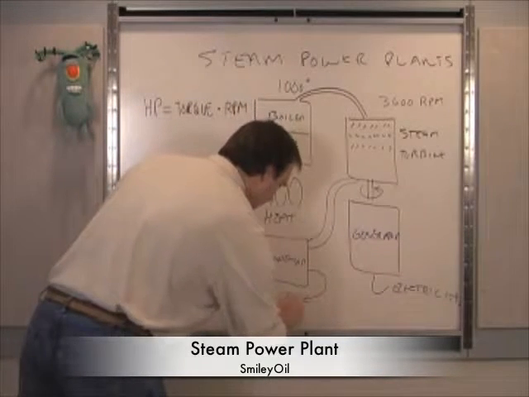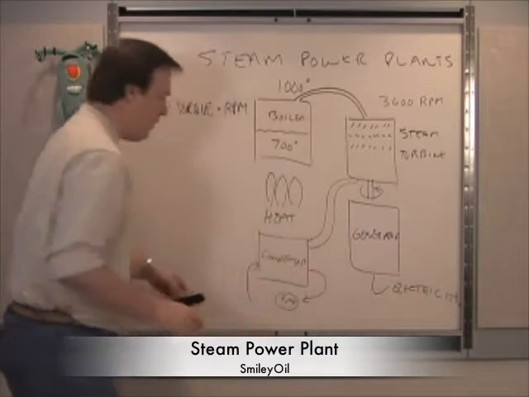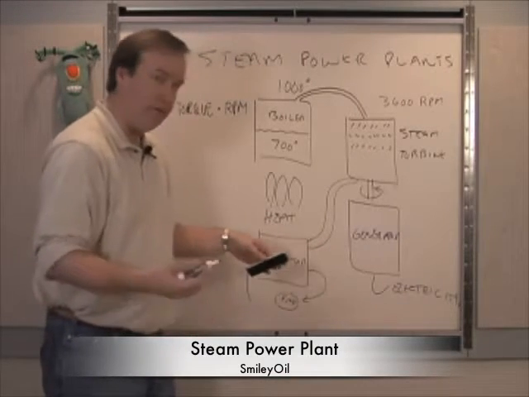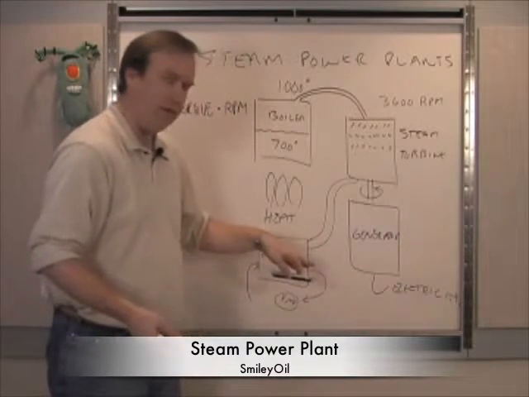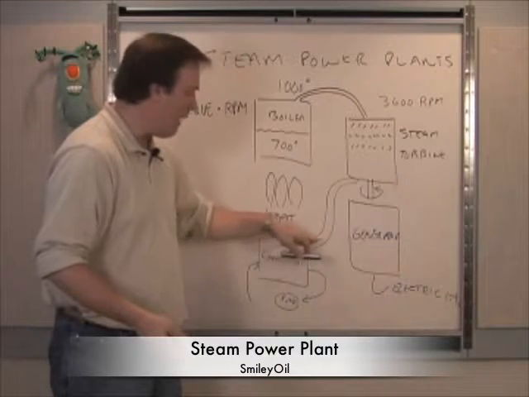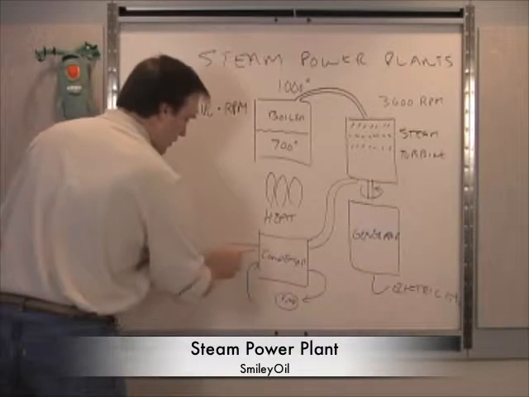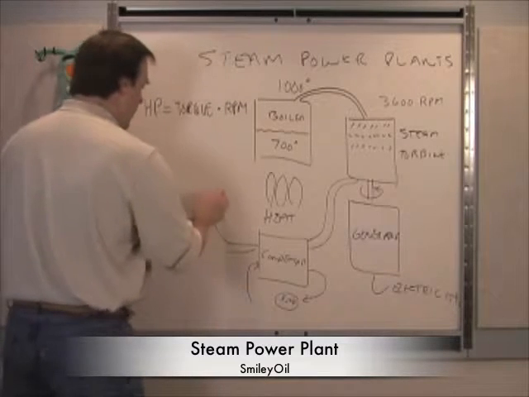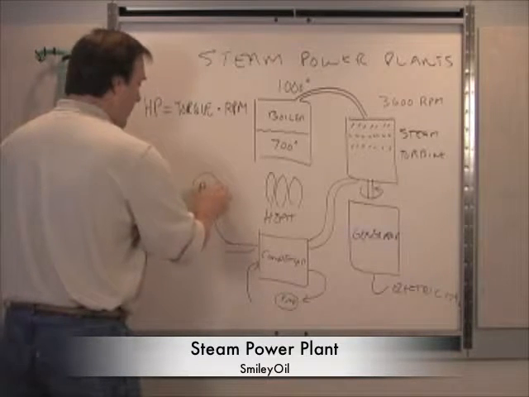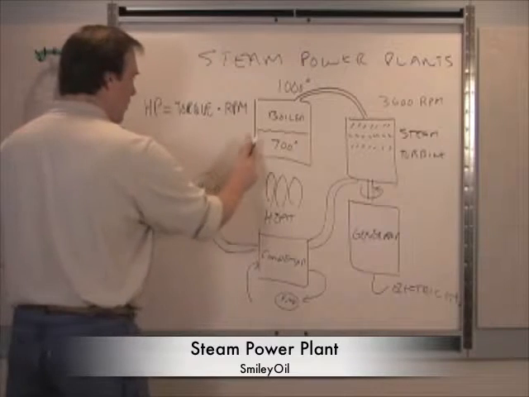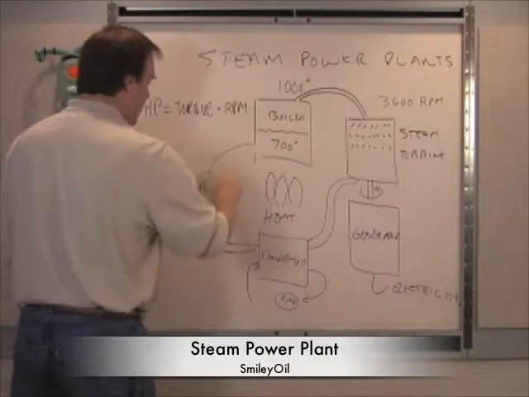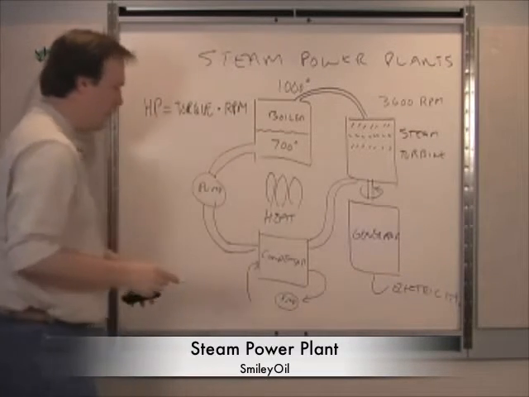There's a pump down here running cooling water from a lake, river, or ocean through this condenser. So you're taking this hot steam and turning it back into water. You've got to get it back into water, and we have a pump here that's taking that water and putting it back into the bottom of our boiler.